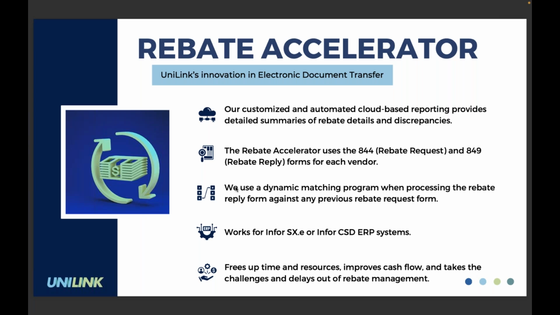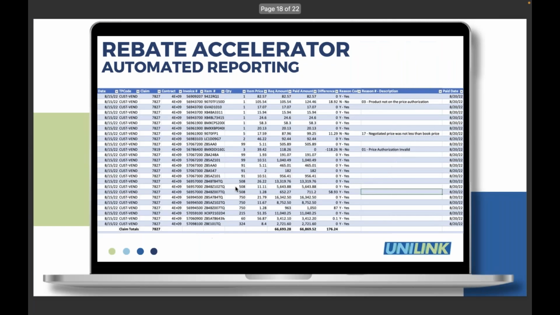It frees up a lot of time, improves cash flow, which is extremely important, and it takes the changes and the delays out of the rebate management. I'm going to show you just a sample screen here where you can see the 844 has been requested and the response has come back, and most of them, of course, are yeses.